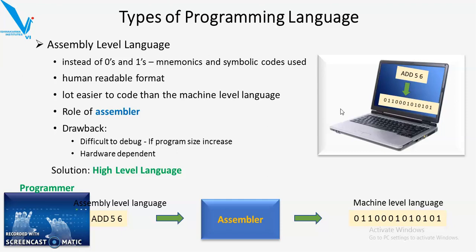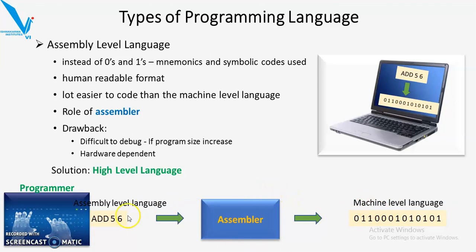But the mnemonic code cannot be directly executed on the machine, as the machine only understands binary zeros and 1. Hence, we have to convert assembly level language into machine level language by using an assembler.